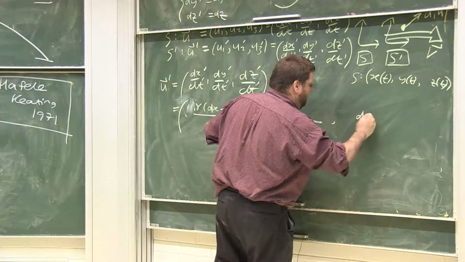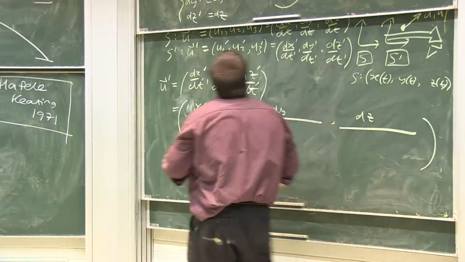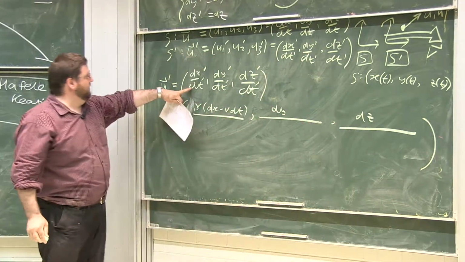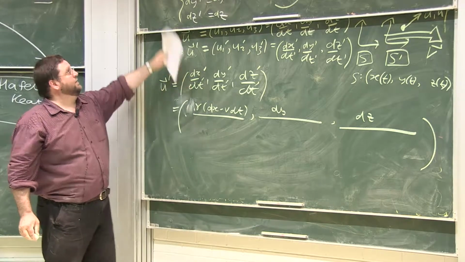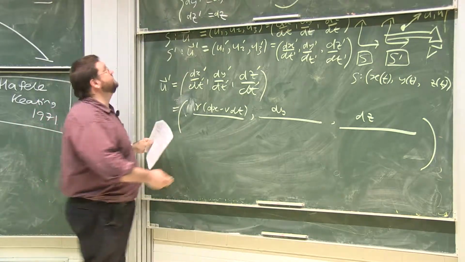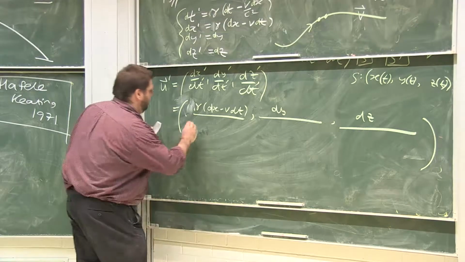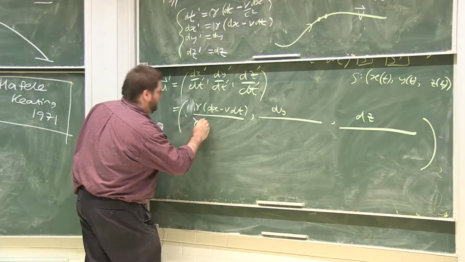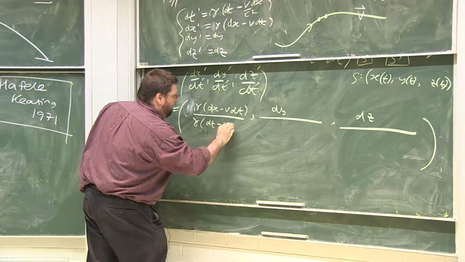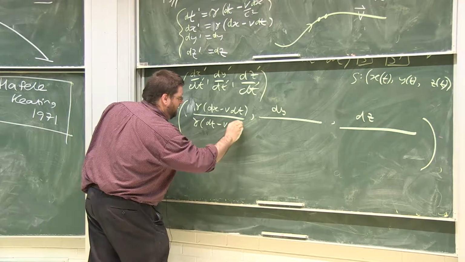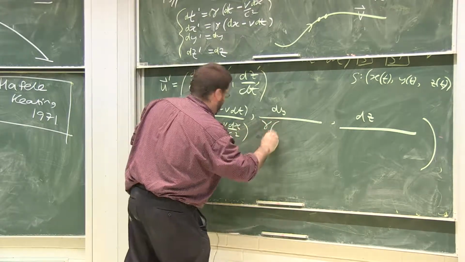The bottom, well, I have dt prime, and dt prime is this thing here. So gamma, etc., times (dt minus v dx on c squared). And then I repeat this.